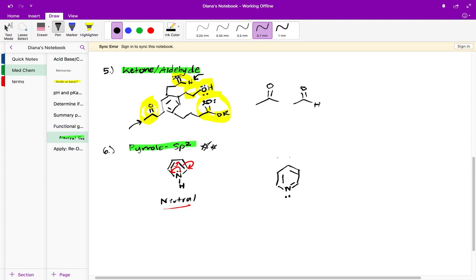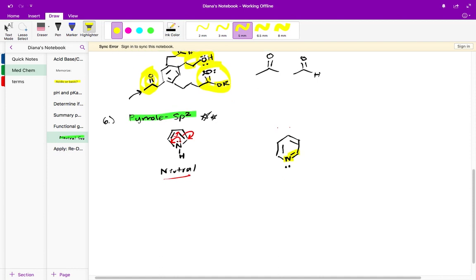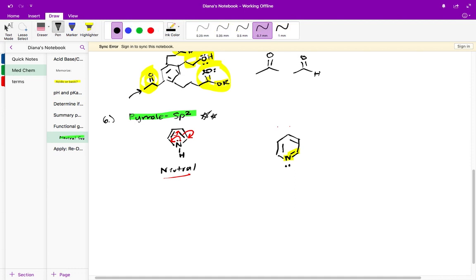Okay, so if you'll notice in this structure, we have a nitrogen that is directly next to a double bond. Whereas in a pyrrole, we didn't have that. I'm going to redraw the pyrrole.